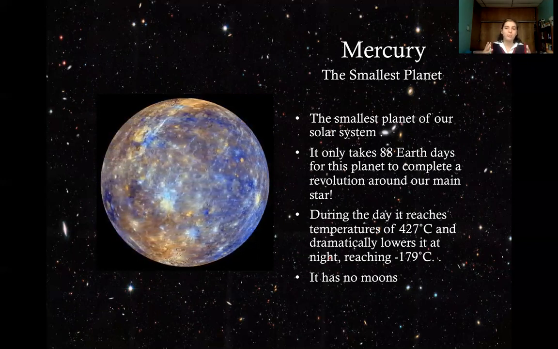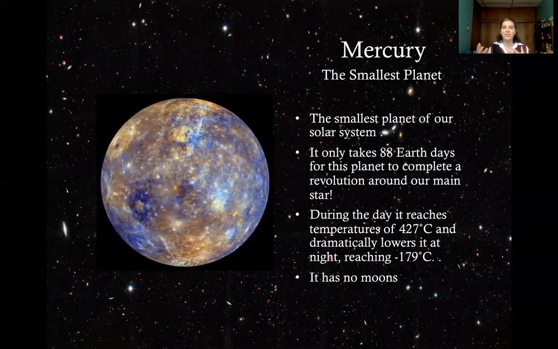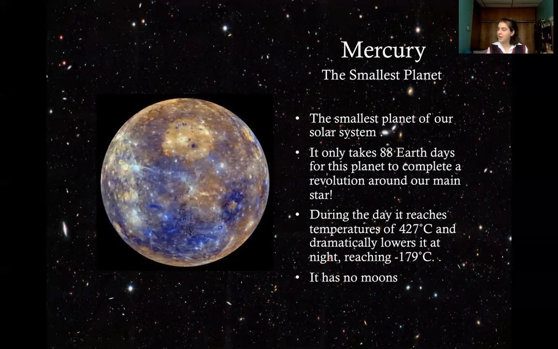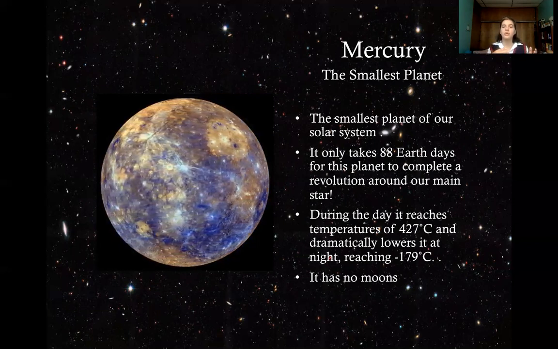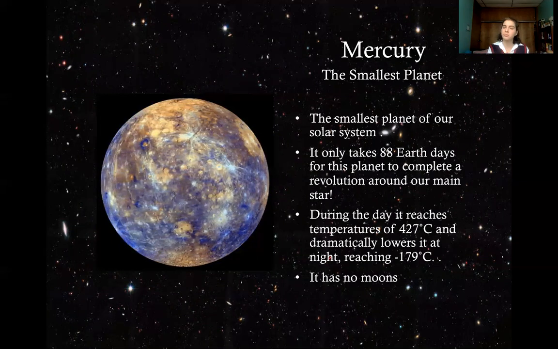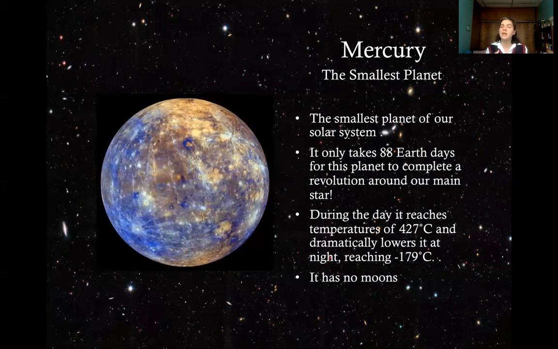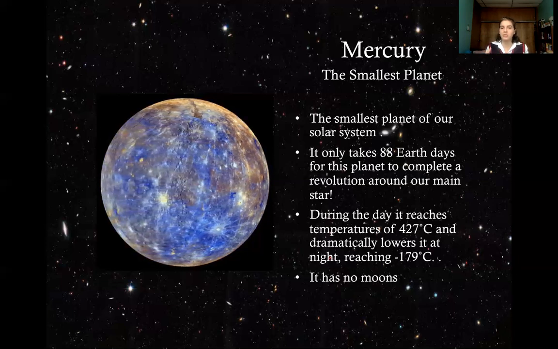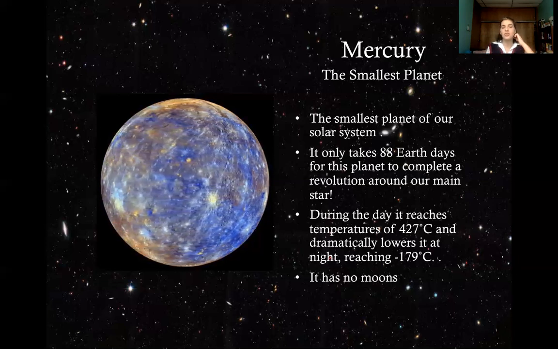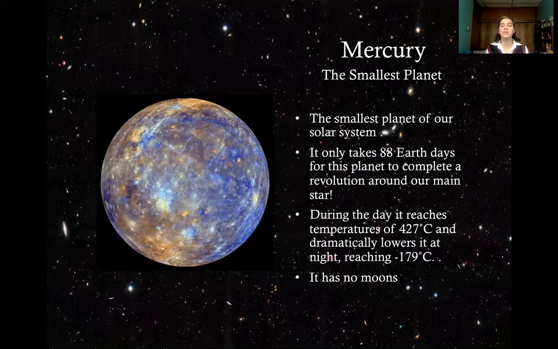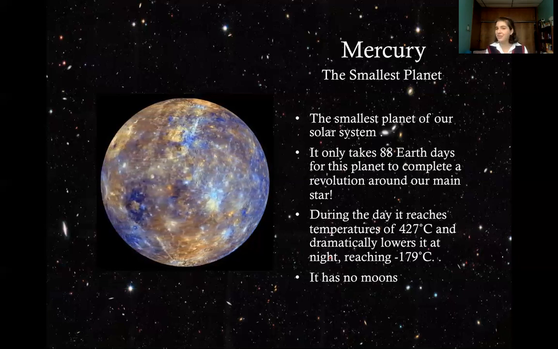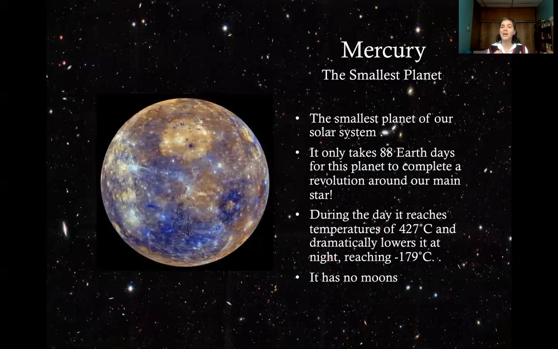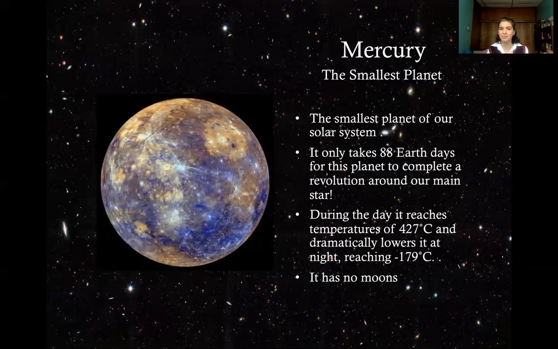Okay, remember that time is a construct that we humans made for ourselves. The concept of time is a little bit vague, so we're going to try to talk about the revolution periods of each planet using human time, the one that we have established. So it says here that Mercury has only 88 days to complete a revolution around the sun. That means that on Mercury, an entire year is only 88 days.